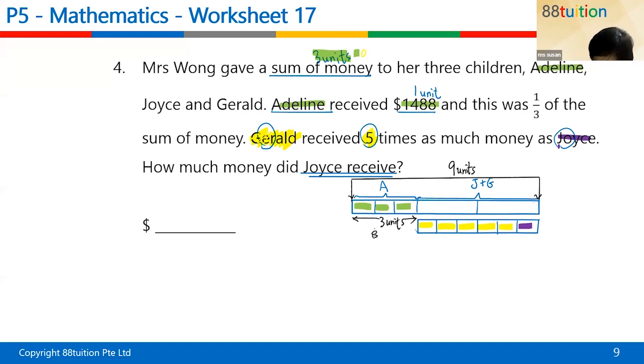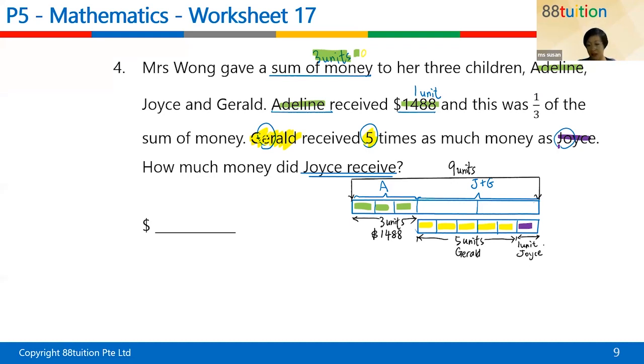Well, A will be 3 units, which is 1,488. Okay, so from here to here, we call this 5 units. And this 5 units is meant for Jared. And the 1 unit is actually belonging to Joyce.